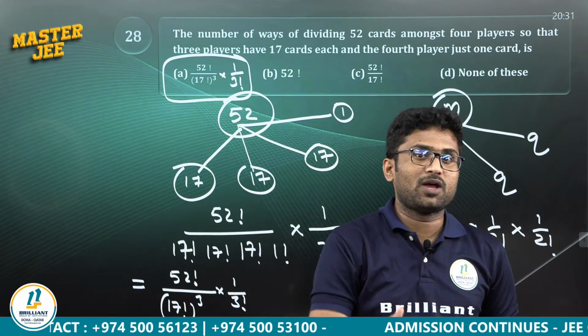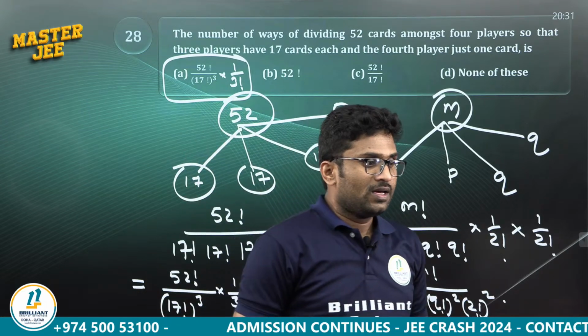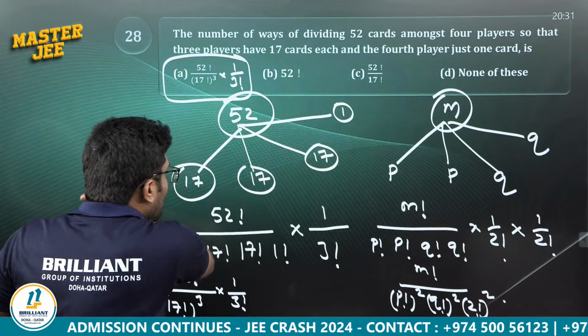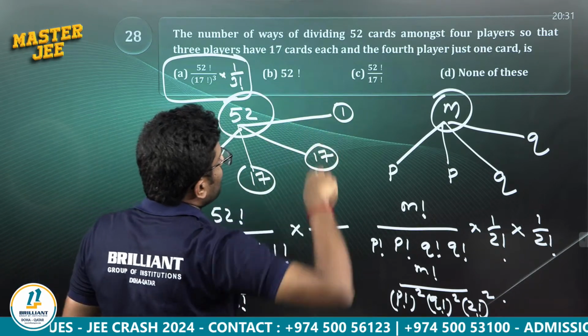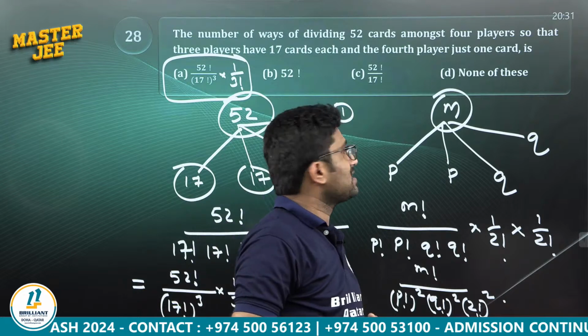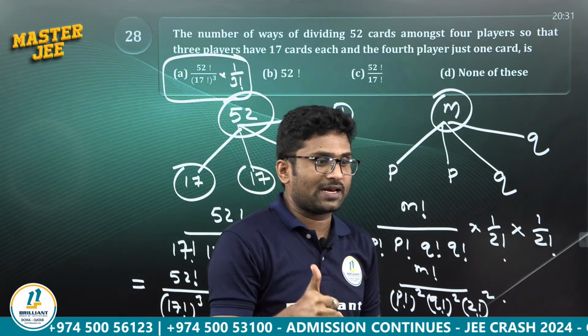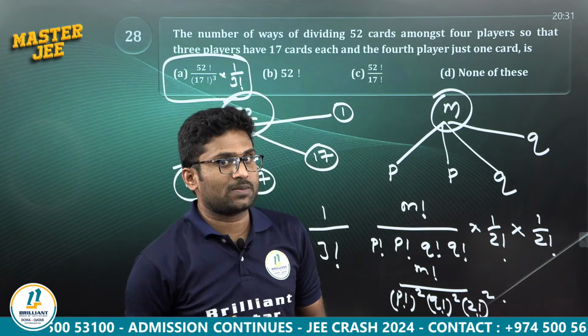This is the division, the number of ways we divide. The given cards into 4 persons such that 3 persons are getting 17 each, and one person is getting only 1 object. Friends, clear? Very important, the distribution and division concept.